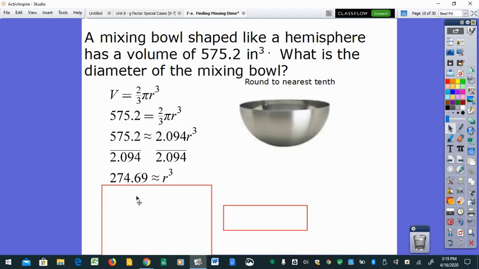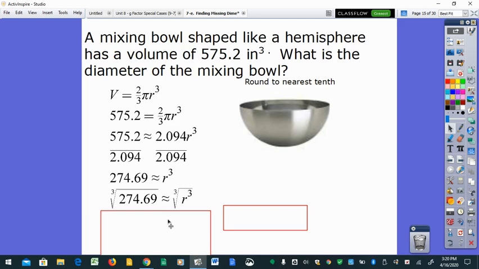That's not the radius of the bowl. That's the radius cubed. So to undo the third power, I have to take the third root of 274.69. I would pause the video right now, take your calculator and try to take the third root of 274.69, and then we'll check it.